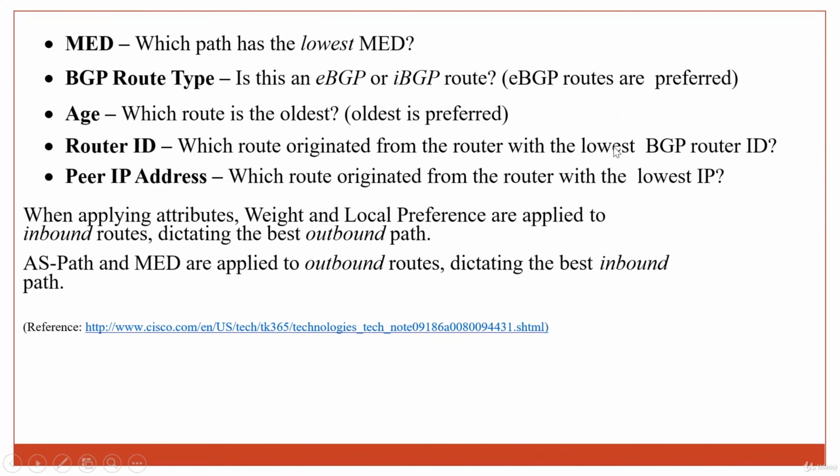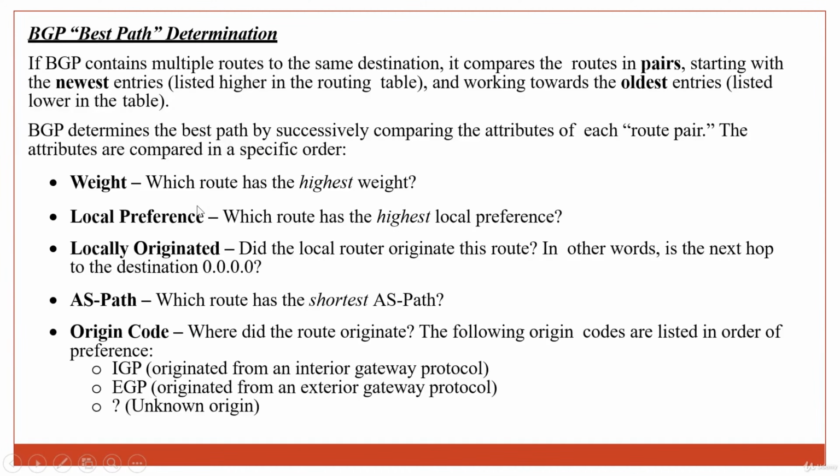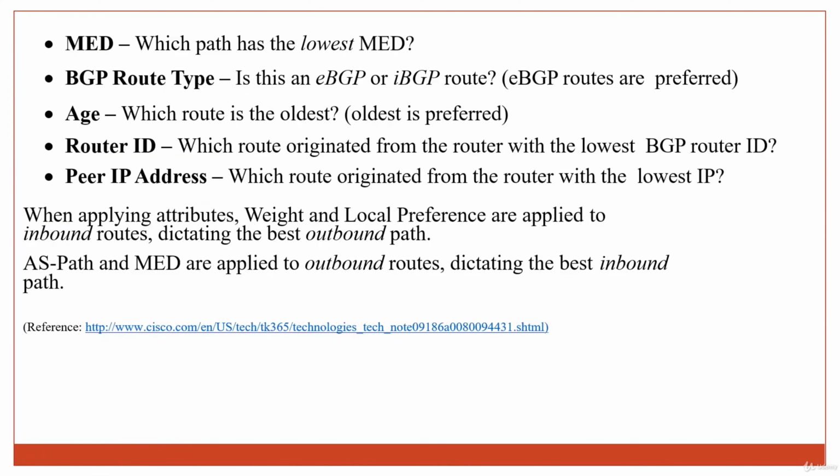Then the router ID, the lowest BGP router ID. Then the peer address, the router with the lowest IP. So everywhere you will see that except weight and local preference, where the criteria is highest, everything else, AS path, MED, age, is lowest or the oldest.